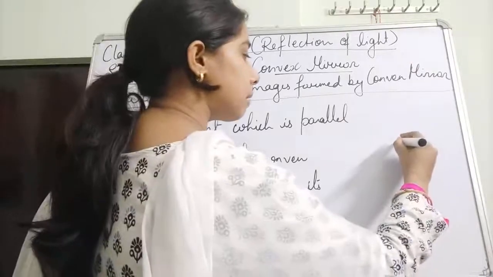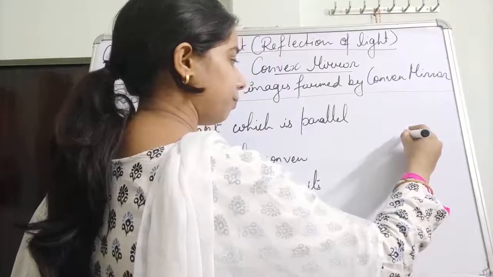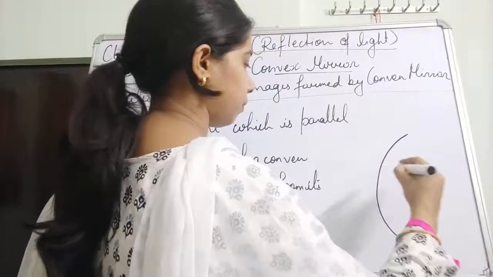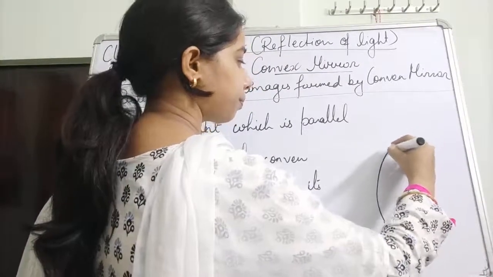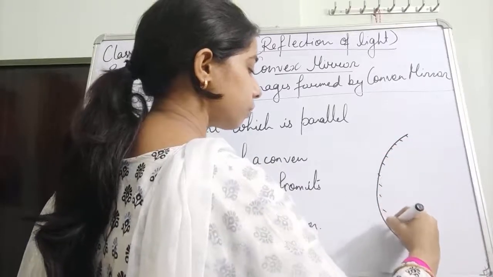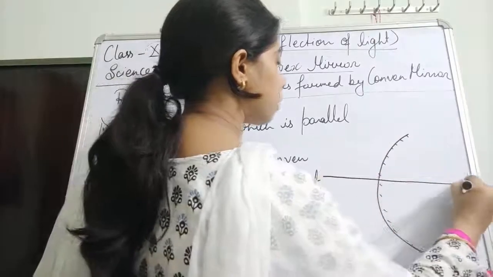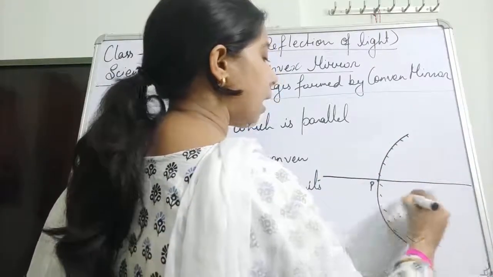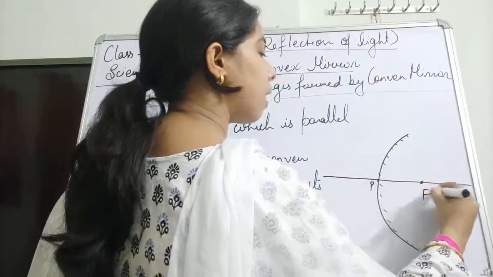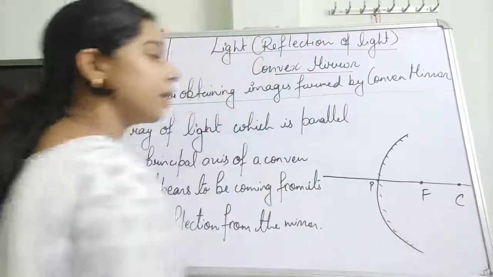So suppose, students, this is the diagram. This is a line which passes through the pole, and this is the focus, and suppose this is the center of curvature.